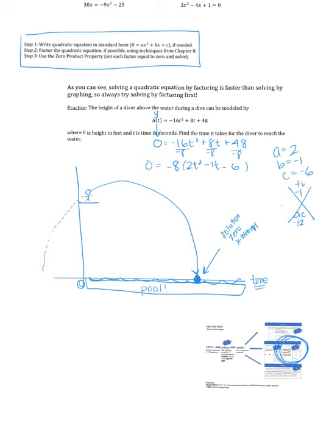Those 2 numbers are going to be negative 4 and positive 3. I'm going to break my middle term into negative 4t plus 3t, because those add to be negative 1t. I'm going to carry down my negative 6, carry down my 2t squared, and I will keep those terms in that parenthesis. My negative 8 carries down, and my 0 carries down.